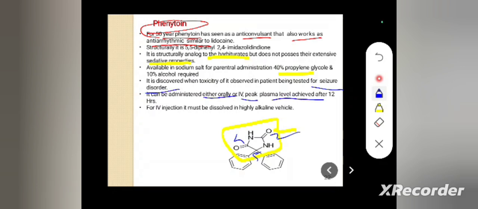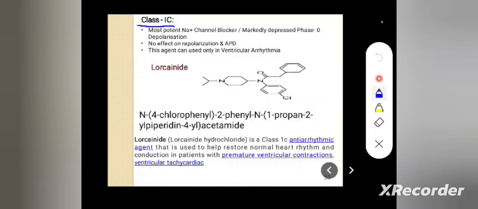Peak plasma level is achieved after 12 hours. For IV injection, it must be dissolved in a highly alkaline vehicle. So this is about phenytoin working as an antiarrhythmic agent.